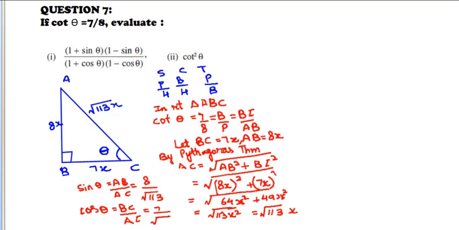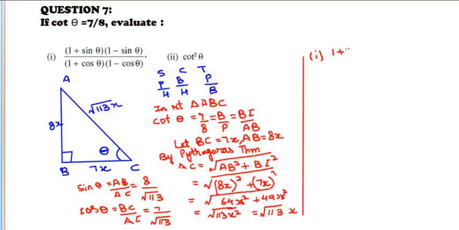What remains is 8 upon under root 113. Similarly, let us find the value of cos theta. Cos theta is equal to base upon hypotenuse. And in this case, who is the base? BC and hypotenuse AC. So BC upon AC. That is equal to 7x upon under root 113x. x and x get cancelled out. What remains is 7 upon root 113.